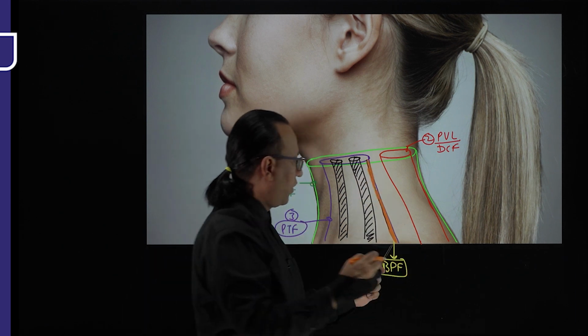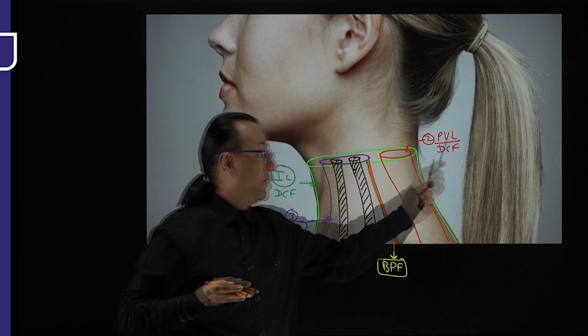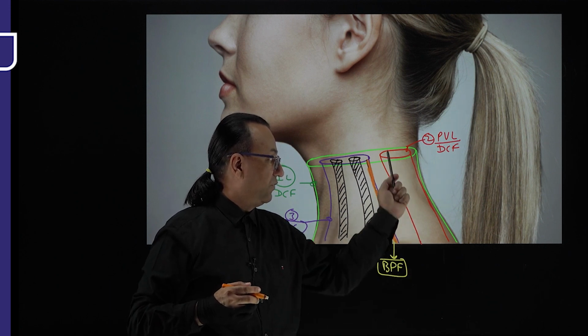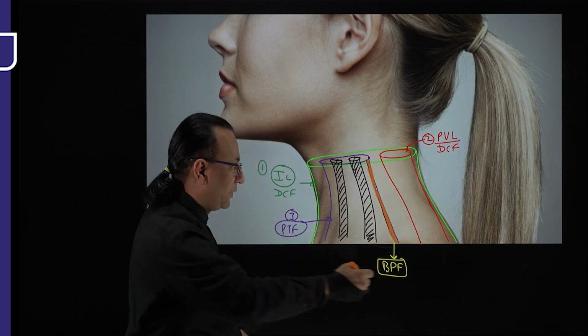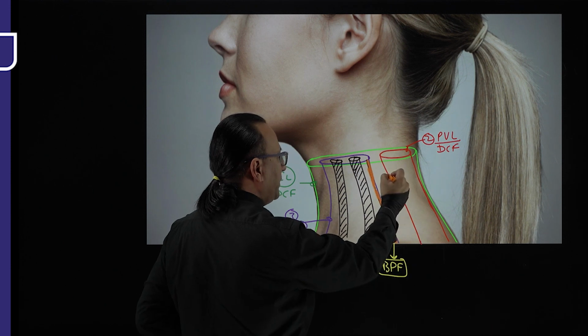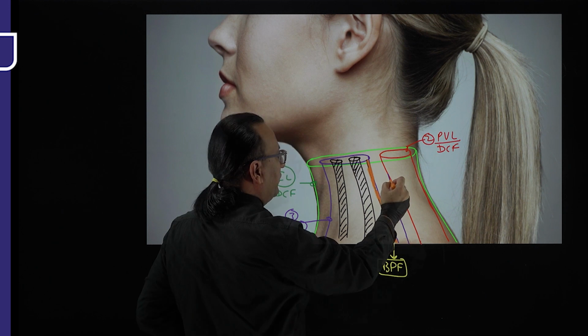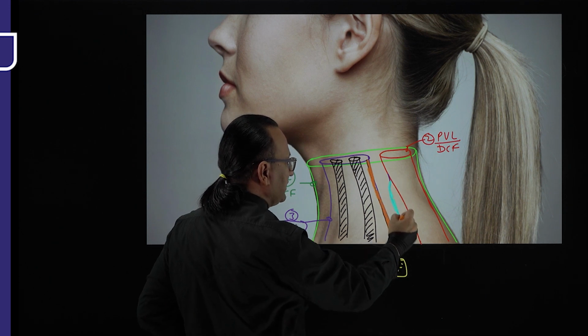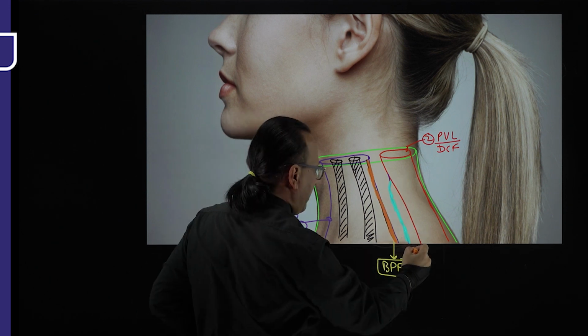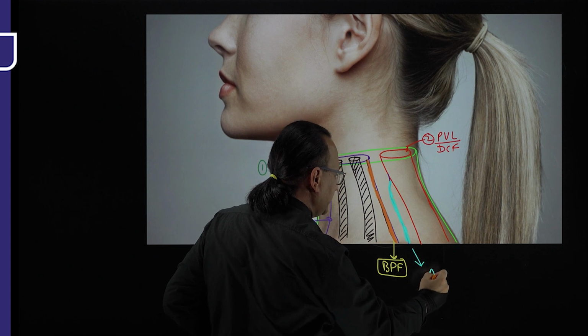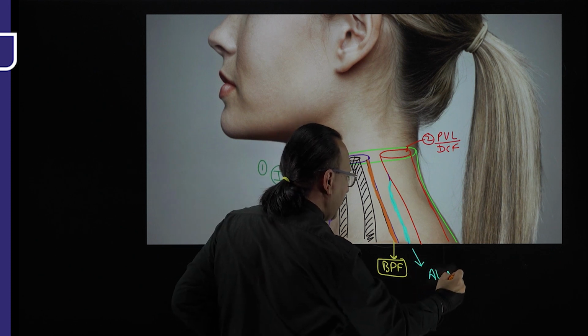And now we have to talk about one modification of the prevertebral layer of deep cervical fascia as well. This prevertebral fascia is going to split, giving one anterior layer, and that anterior layer of the prevertebral fascia is called the alar fascia. You can remember A for A. Anterior splitting is the alar fascia.